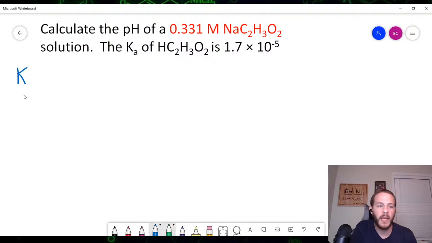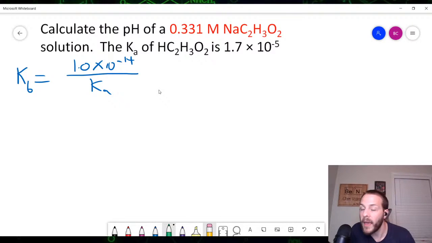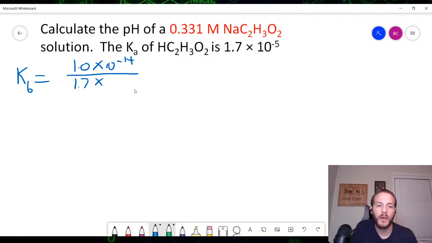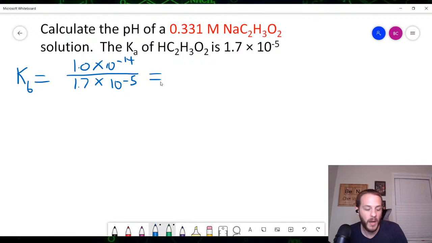So the first thing I'm going to do is try to find my Kb. Kb is going to be 1.0 times 10 to the minus 14 divided by Ka. Now Ka of acetic acid was given to us as 1.7 times 10 to the minus 5. So we have 1.0 times 10 to the minus 14 divided by 1.7 times 10 to the minus 5.